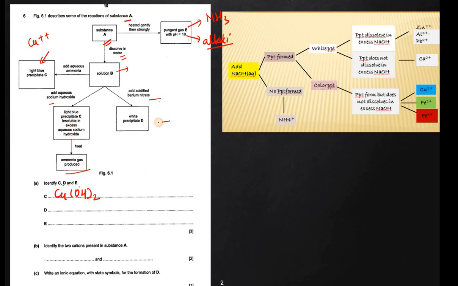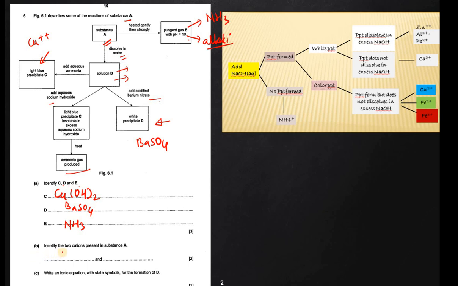D is here, the white precipitate formed. So the precipitate they are talking about is barium sulfate, which is formed when something here exchanges anions with the sulfate. So D is clear, it will be barium sulfate, BaSO4. Now E, already we have discussed that it will be ammonia.